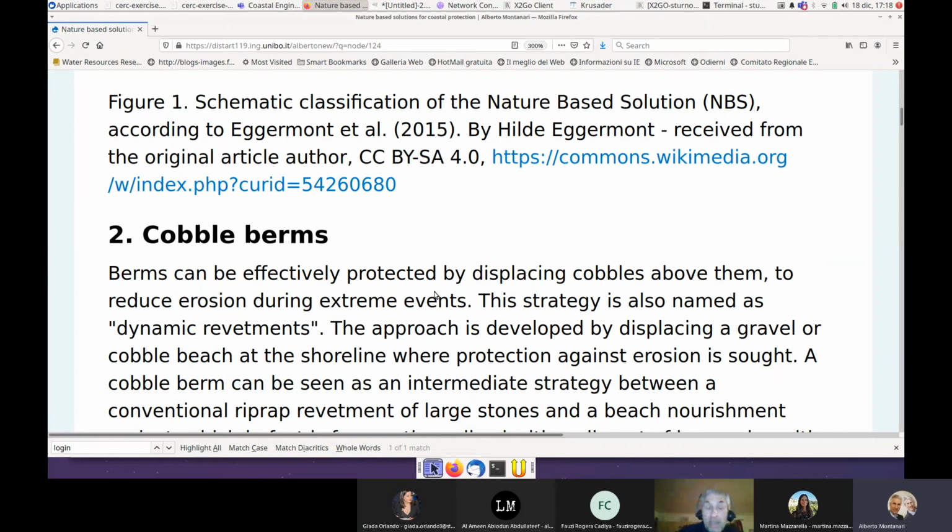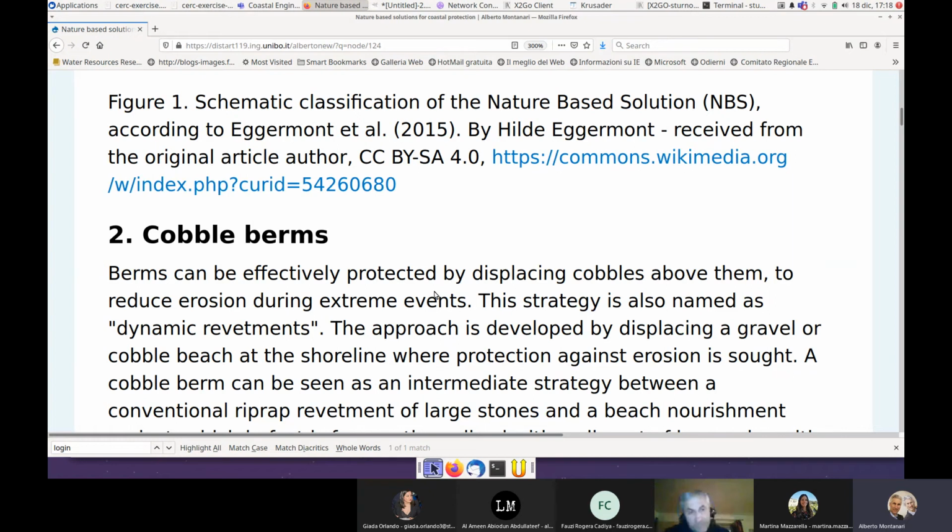And this strategy is also called dynamic revetments. Revetment means covering the beach with material that is more resistant to erosion. And usually with the term revetments, we mean material that is fixed.